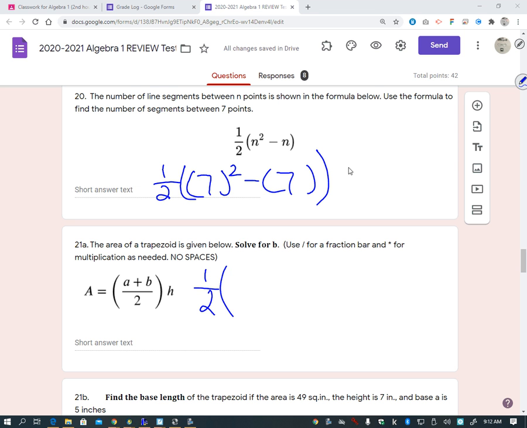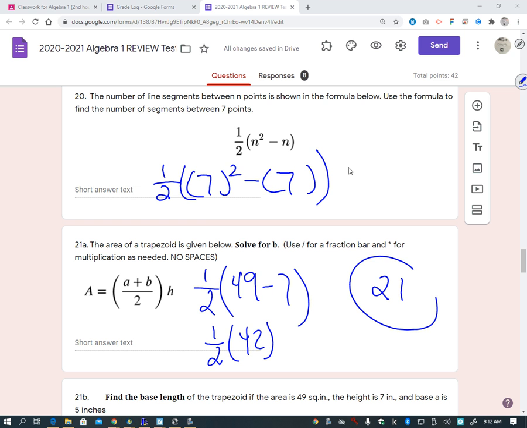Distribute? No. Exponents, right? Grouping symbols then exponents. What's 7 squared? 49 minus 7. Okay, what's 49 minus 7? 42. So 1/2 times 42 is the same as dividing by 2, right? So it should get 21.